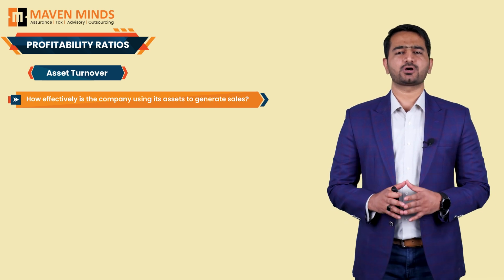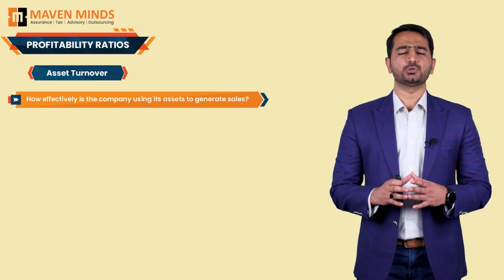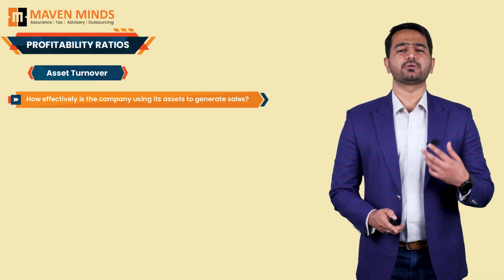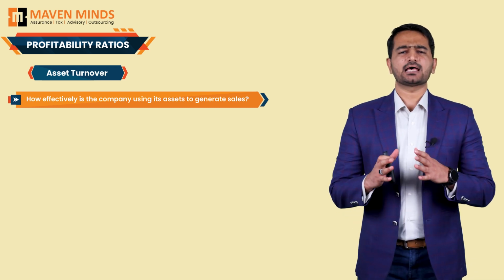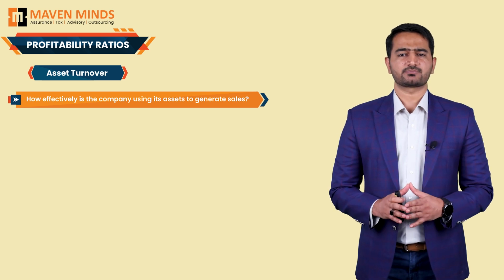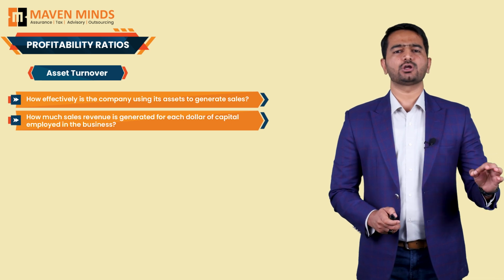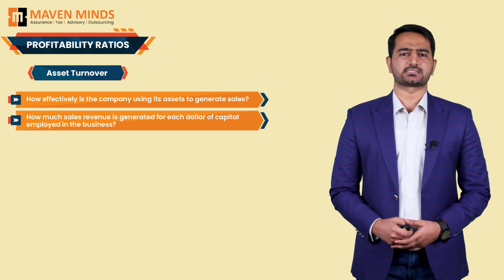Now we shift our focus to volumes, how effectively assets are being used to generate revenue, to generate sales. Asset turnover is a key efficiency ratio that measures how much sales revenue is generated for each dollar of capital employed in the business.